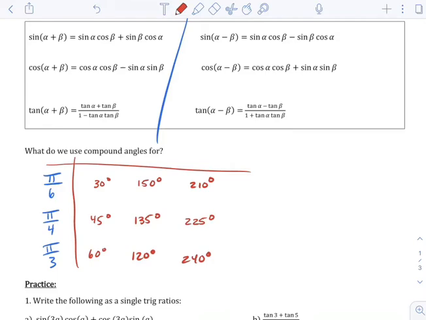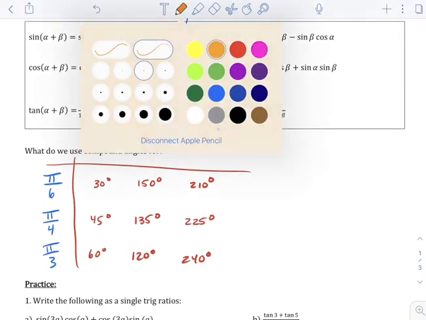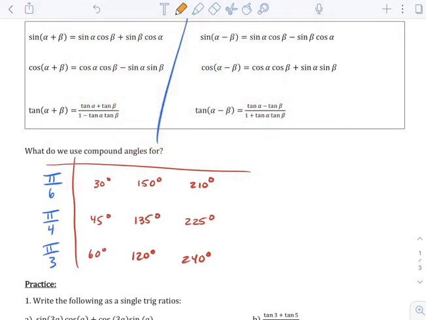What we do when we come up with compound angles is to find out the exact values of combinations of these. So for example, I could find out the exact value of 135 minus 30. So I can find out the exact value of 105. That would be subtracting. I can find out the exact value if I added them: 165 degrees.